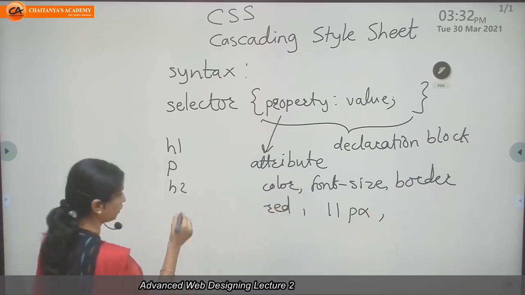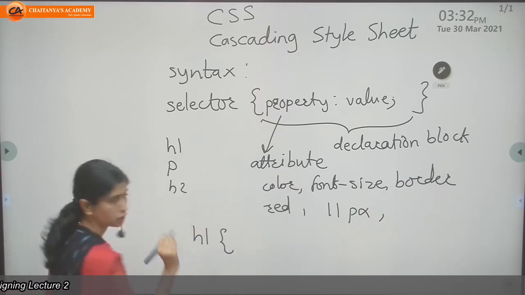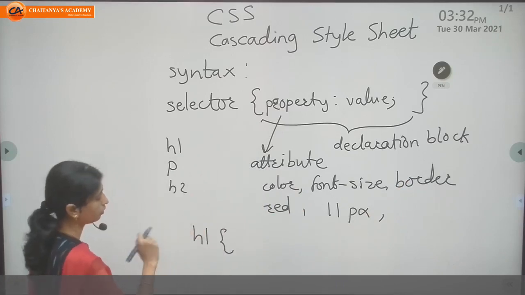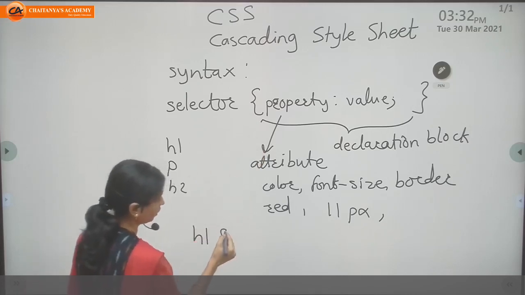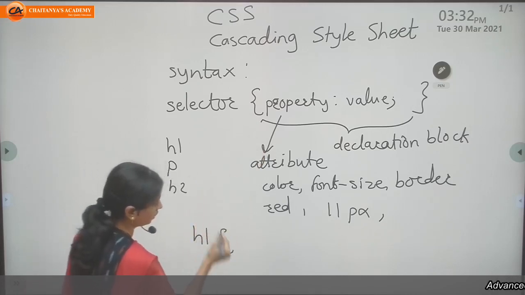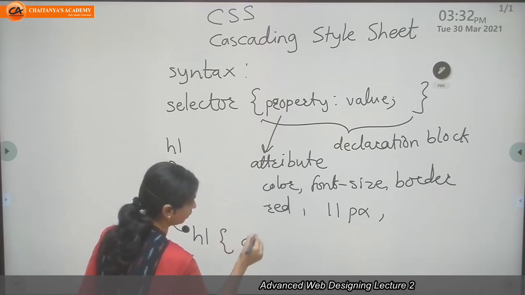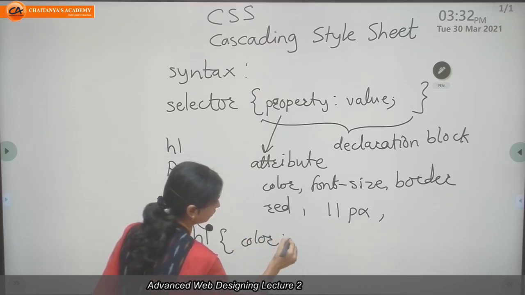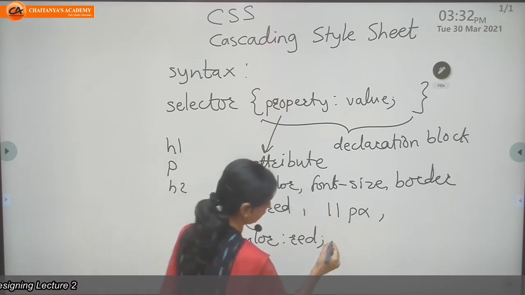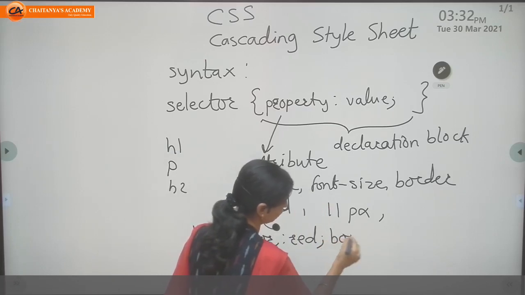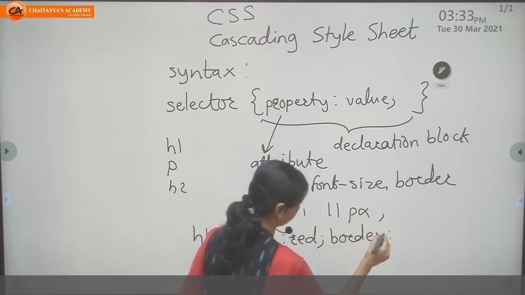So, for example, if I want to use H1 as a selector, then I can write H1 as a selector, curly braces, and inside the curly braces, color red, and another property, for example, border double.